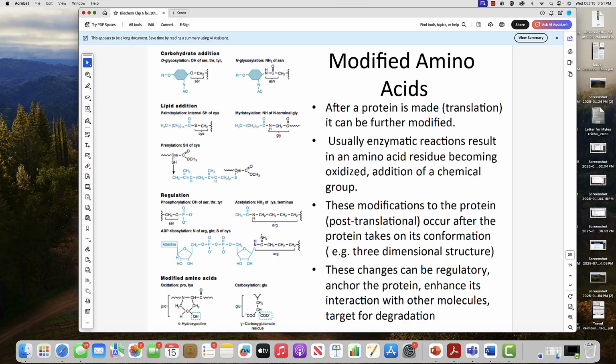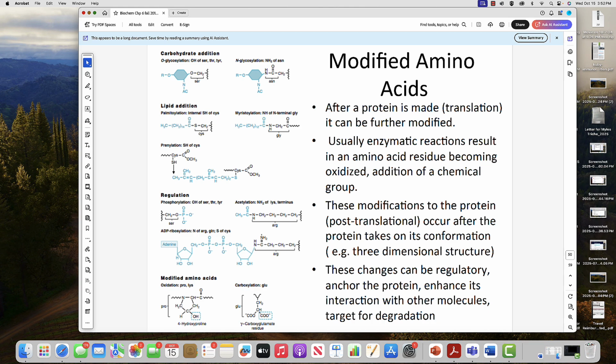All right. So after proteins are synthesized, they often undergo modifications like glycosylation, phosphorylation, or lipid addition. These chemical changes are important because they help fine-tune protein function, stability, and localization. We call these post-translational modifications.